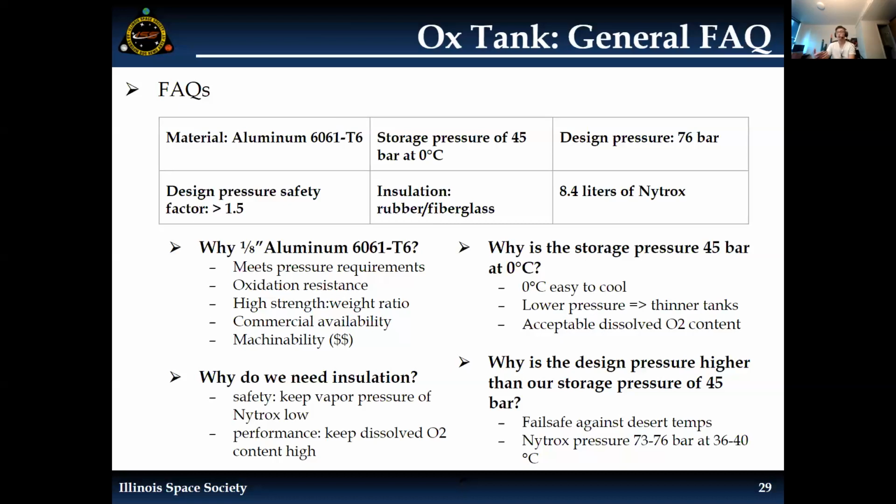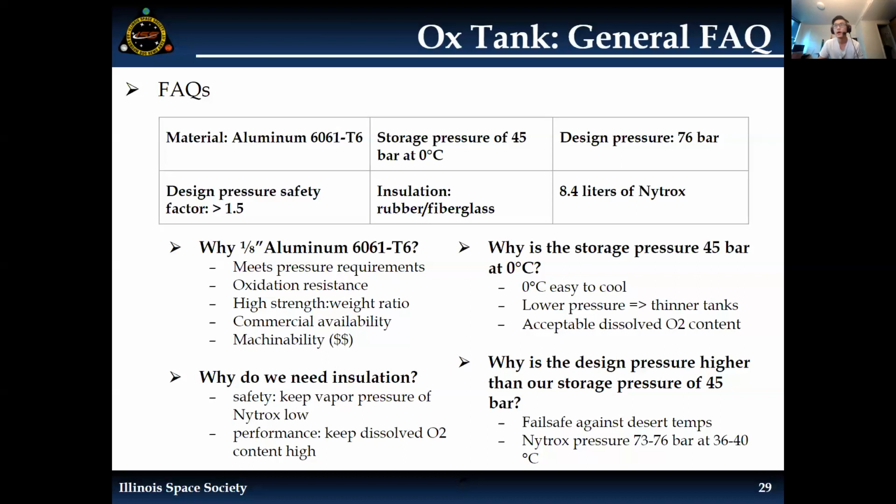Then before launch, we'll pump that into the oxidizer tank, and that's where the insulation comes in. But we don't know how long it's going to be on the launch pad before it goes up. So to answer your question, yes, hopefully we do load the nitrox really soon before launch.